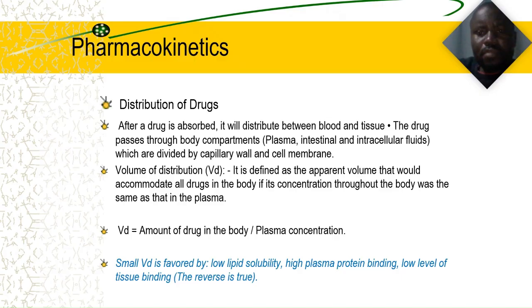The second component is that the same way the drug moves from the administration site into blood, it will now begin to move by the same process into the various compartments of fluid other than plasma. This process is what is called drug distribution, which is the passage of the administered drug from blood plasma into the various tissue compartments.